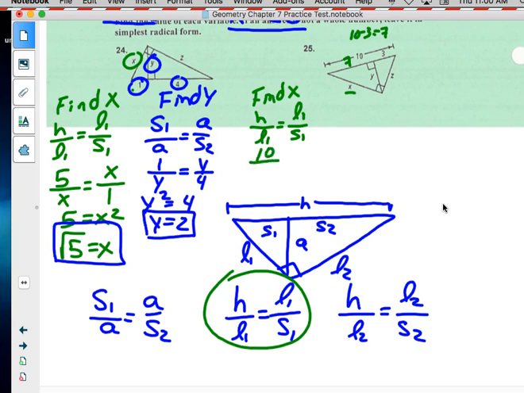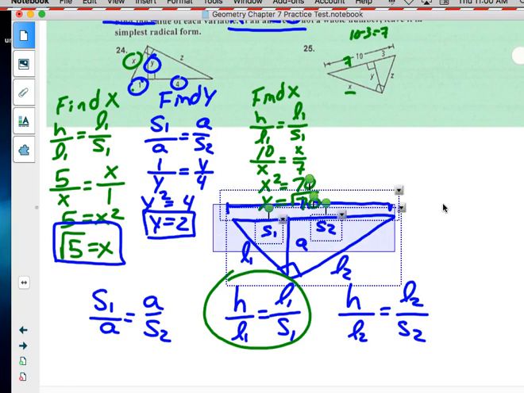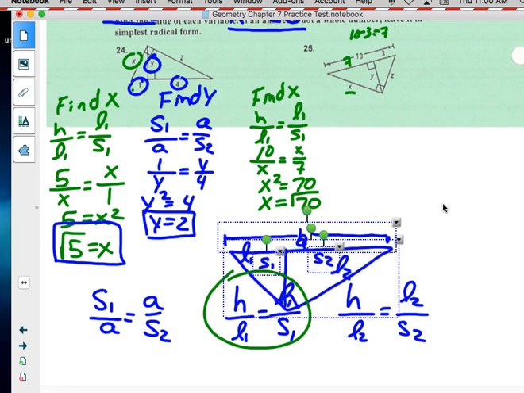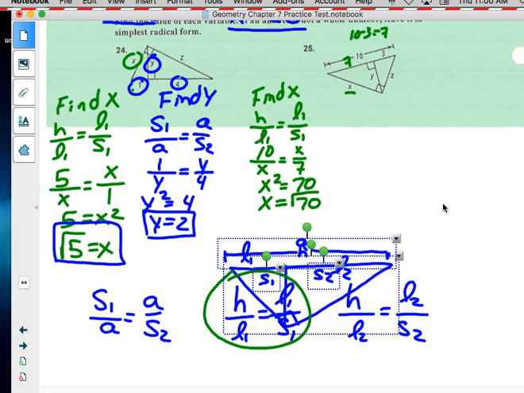L1 is X. S1 is 7. So I got 10 times 7, so I got X squared equals 70, and X is equal to the square root of 70. And 70 does not have any perfect square factors in it. So I've got to know that that's what my answer will be.